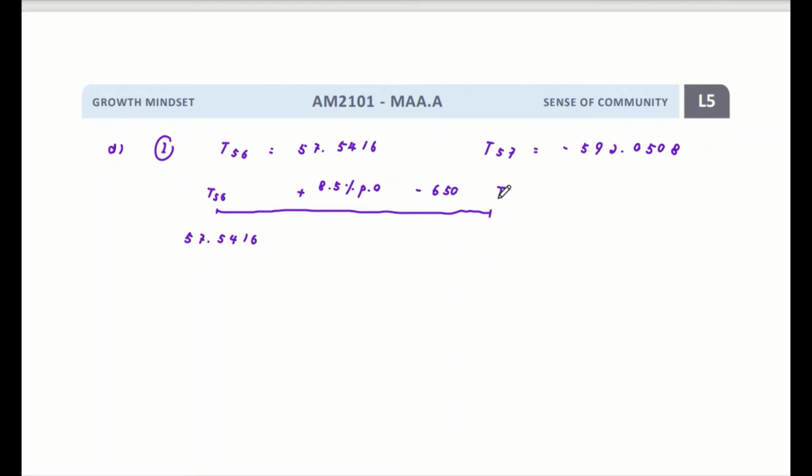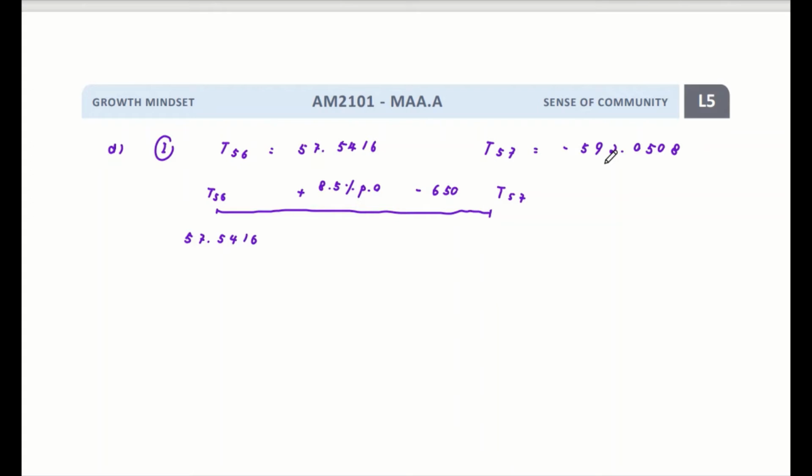This is normally how your pattern recurs. But now you realize that even after adding the 8.5% per annum, you are not going to achieve a number that is more than this. So you are paying extra money to the loan, and the sequence becomes negative, which means that you are paying an extra 592.0508 to the account. That's why your recursive rule becomes a negative number.